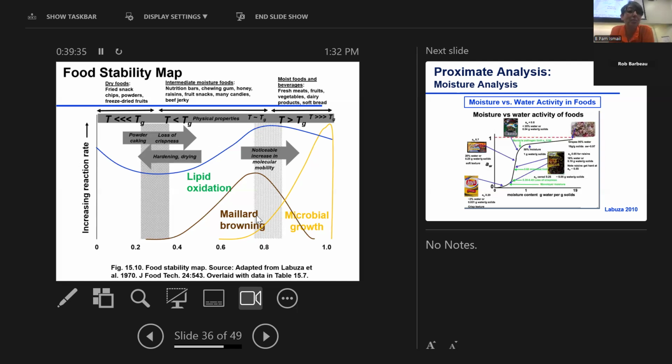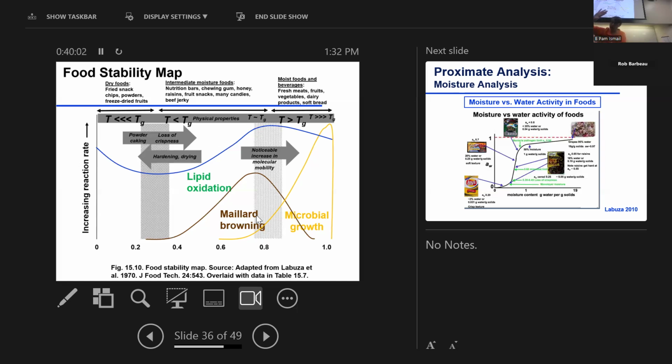Anyway, so it shows here dry foods, intermediate moisture food, and then high moisture food. And then the y-axis shows the increase in the reaction rate, and here you have the water activity on the x-axis.